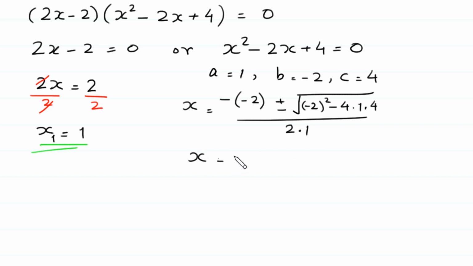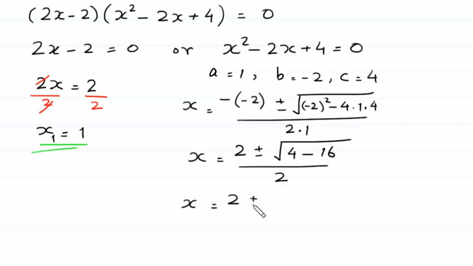And x is equal to minus minus, positive 2, plus or minus the square root of (-2) squared, which is 4, minus 4 times 1 times 4, 16, divided by 2. x is equal to 2 plus or minus the square root of 4 minus 16, which is -12, divided by 2.